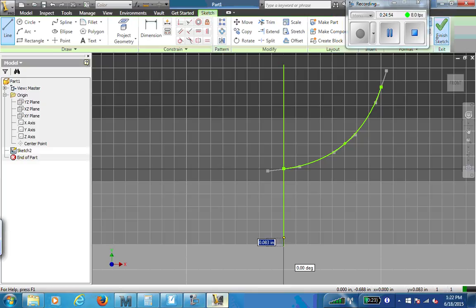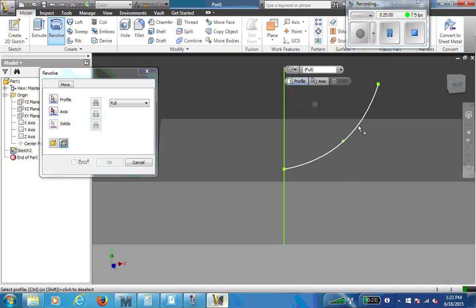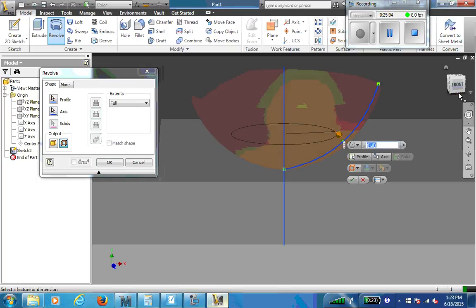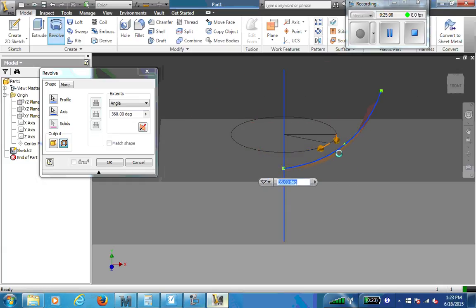Let's rotate that around the y-axis. So if we want to do a revolution around this axis, we get this shape. Here's our curve, and then we're starting to rotate that.